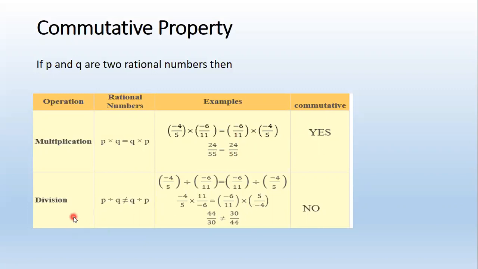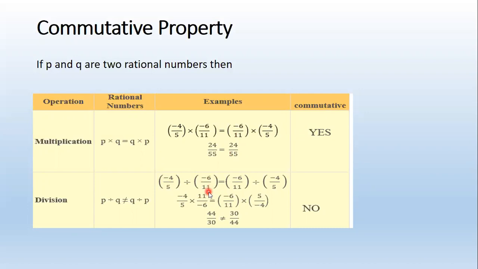Next, it is division. That is P divided by Q, Q divided by P. Now, I have taken two numbers, P as minus 4 by 5, Q as minus 6 by 11. We are doing the operation division. To do the division, we will convert division into multiplication, but the second number we are taking the reciprocal.